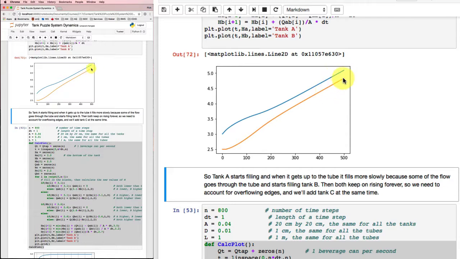And then they just keep on filling. And tank B is always a little lower than tank A because there has to be some flow in between them for the dynamics. So there's this interesting startup phase, and then there's this final stable phase where there's water sort of flowing downhill, and there's a lower elevation in tank B than in tank A.